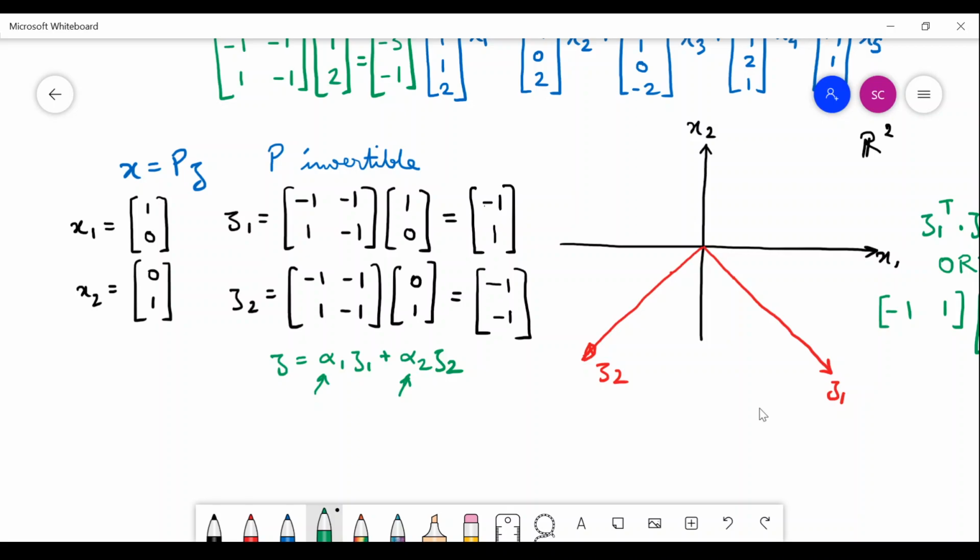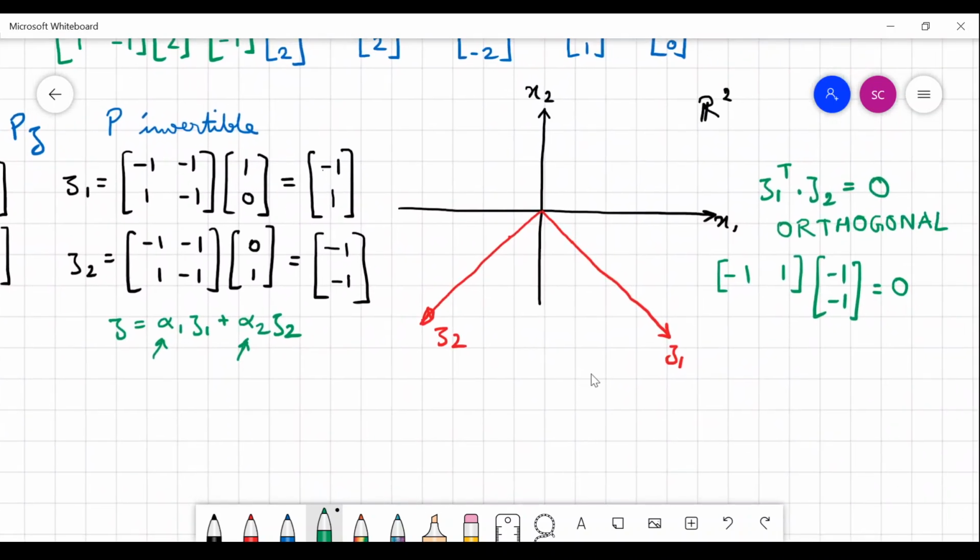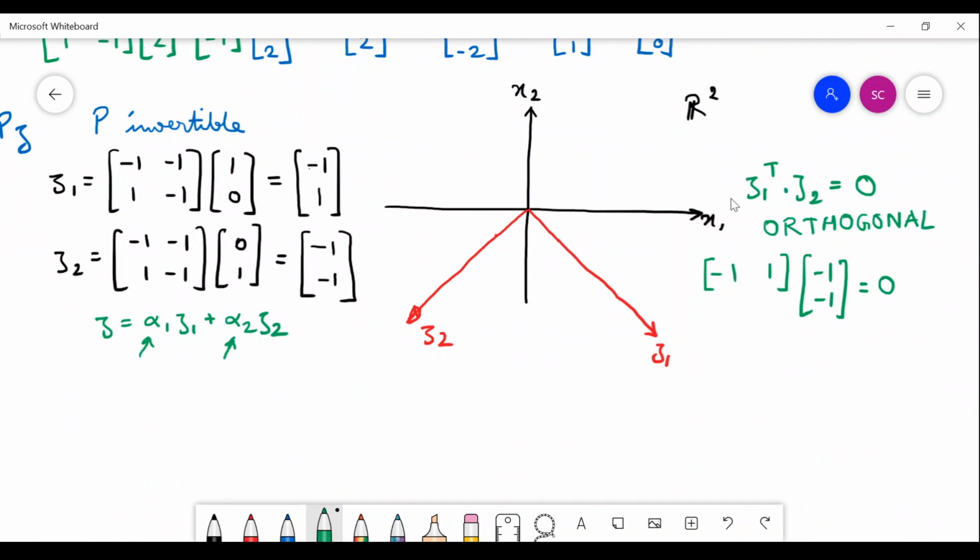Orthogonality implies independence. However, independence does not always imply orthogonality. So orthogonality is a stronger condition. Stronger, why? We need to have this stringent condition. Independence is not so strict.